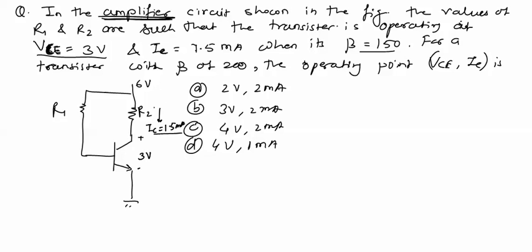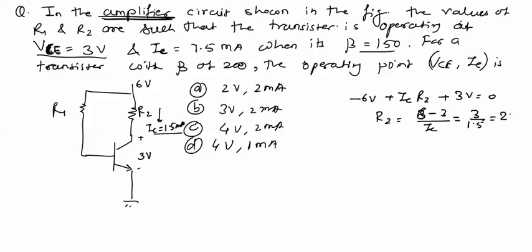Now when we apply KVL in this collector emitter loop, we get the equation minus 6 volt plus IC into R2 plus 3 volt equal to 0. Now R2 equal to 6 minus 3 divided by IC, which is equal to 3 upon 1.5 equal to 2 kilo ohms. Now R2 equal to 2 kilo ohm.